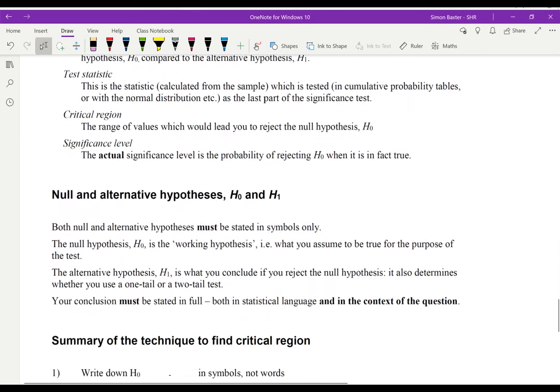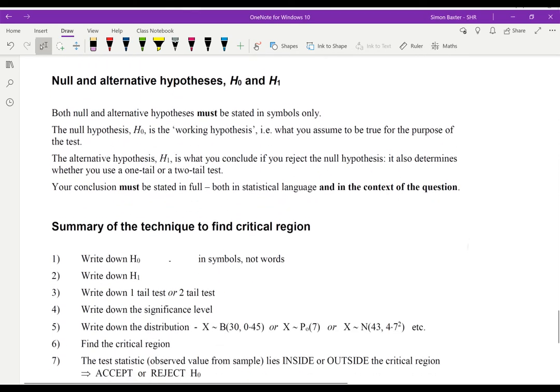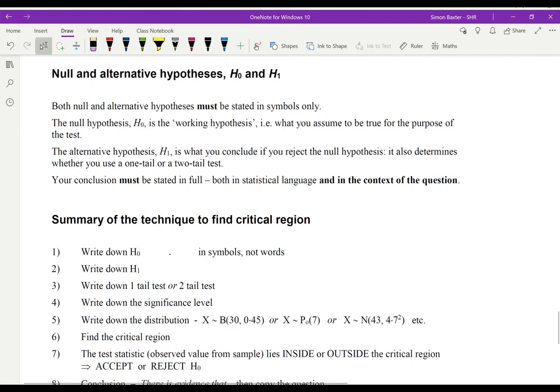The next little bit is basically how you should write out your solution. Both null and alternative hypotheses must be stated in symbols only. H0: P equals 0.3.